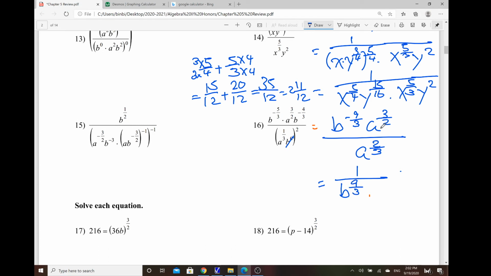And then a to the power of 3/2 and a to the power of 2/3, so it's a quotient, which means we want to subtract the exponents. So 3/2 minus 2/3, common denominator is 6. Times 3 top and bottom here, we get 9/6 minus, multiplied by 2 top and bottom, we get 4/6, so it's 5/6.